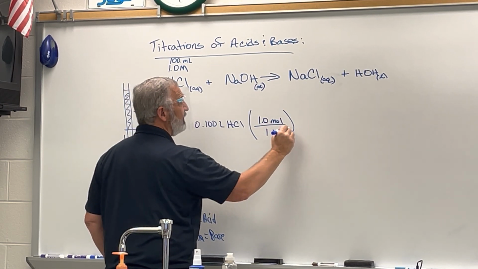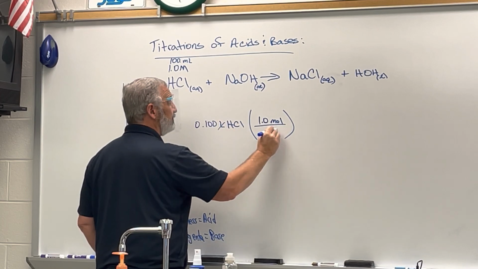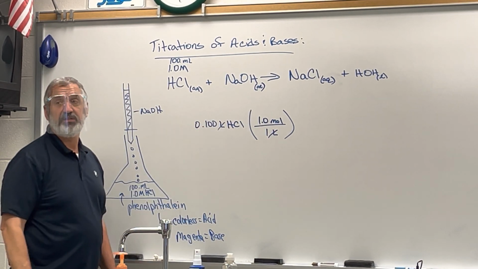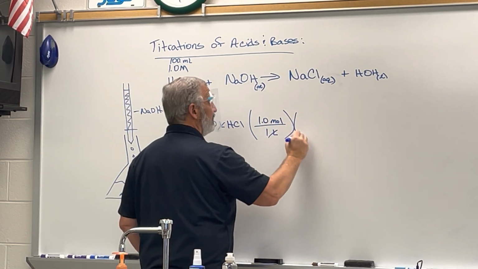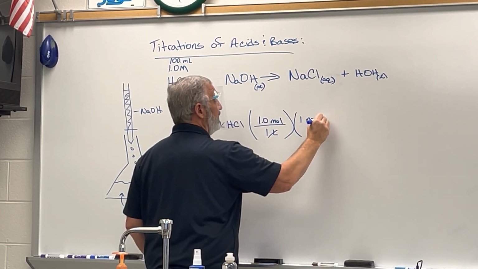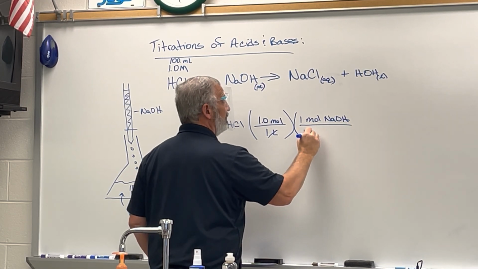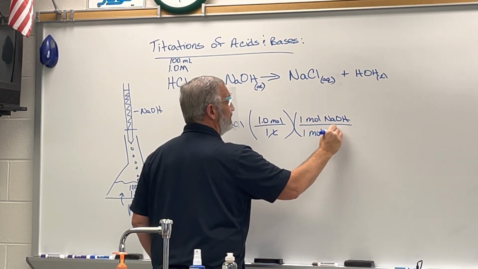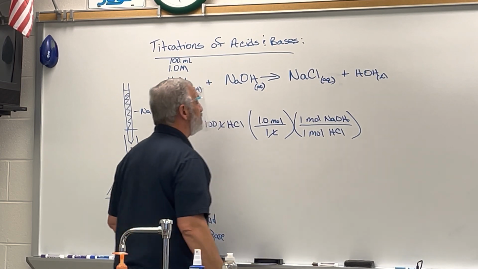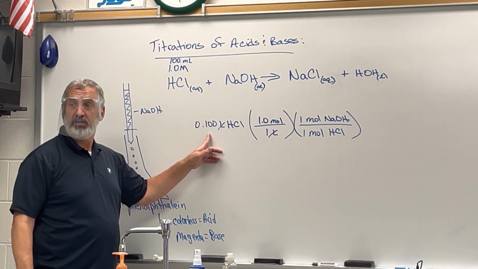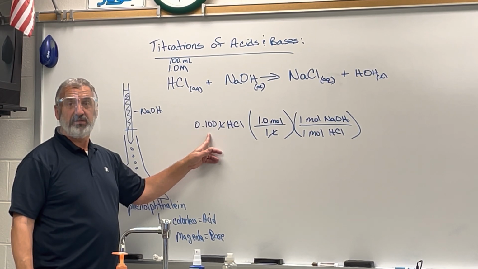That gives me moles of HCl. What's my mole ratio between HCl and NaOH? 1 to 1. So I need 1 mole of NaOH for every 1 mole of HCl, which means I need to add 0.1 mole of OH minus.